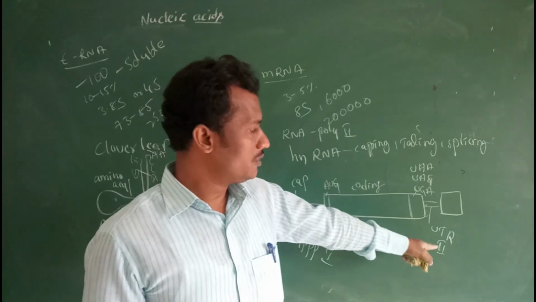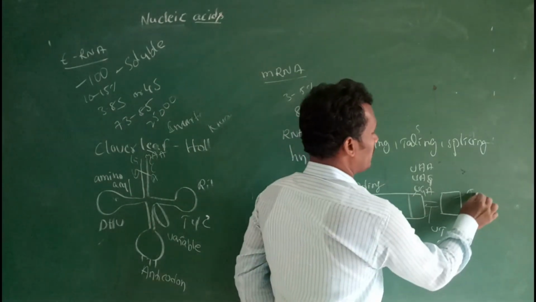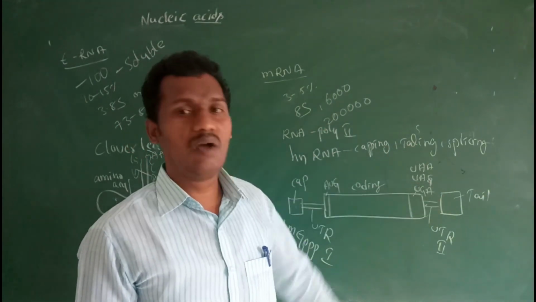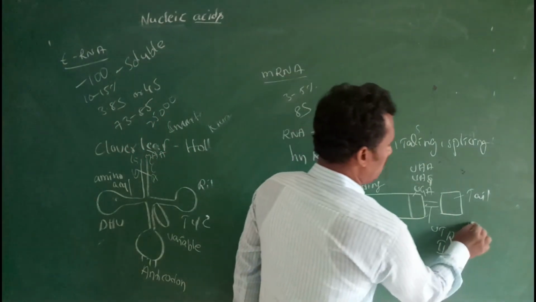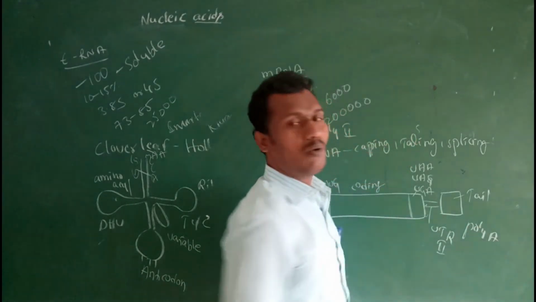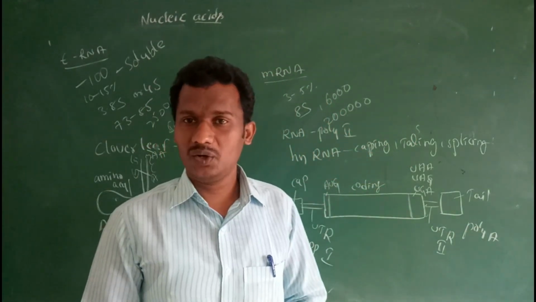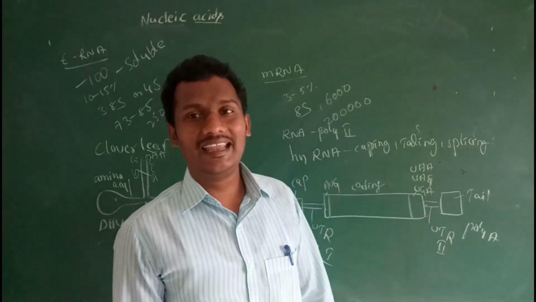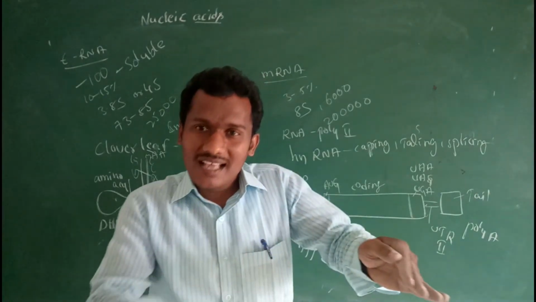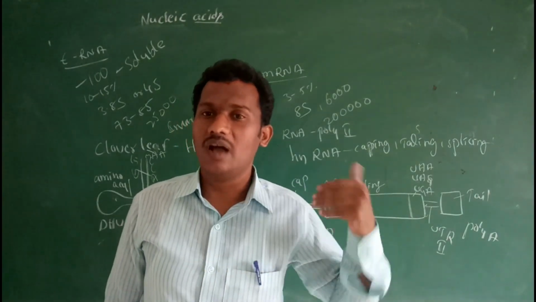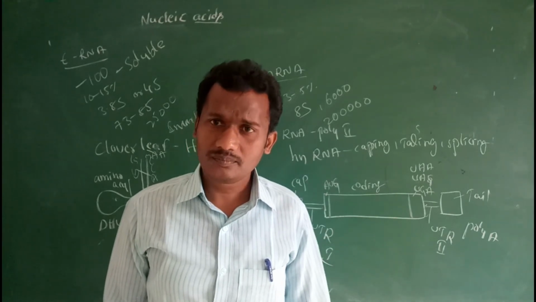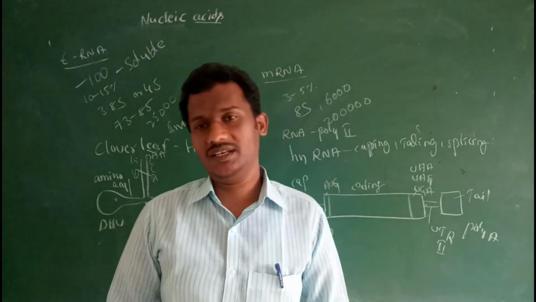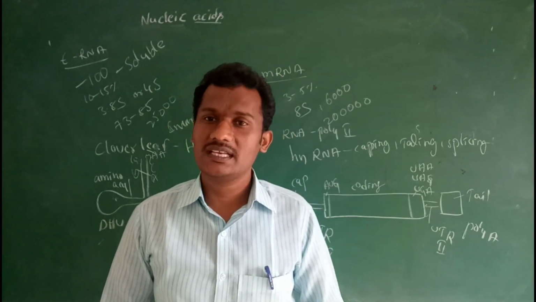After UTR2, the tail is present. In tailing, a poly A tail is added, with 200 to 300 adenylate residues. This tail is useful for dissociating ribosomes after completion of translation, and also provides protection from cellular enzymes and nuclease degradation.